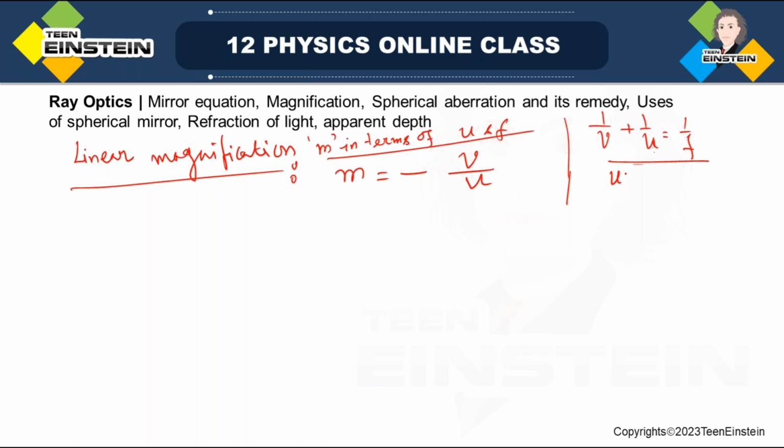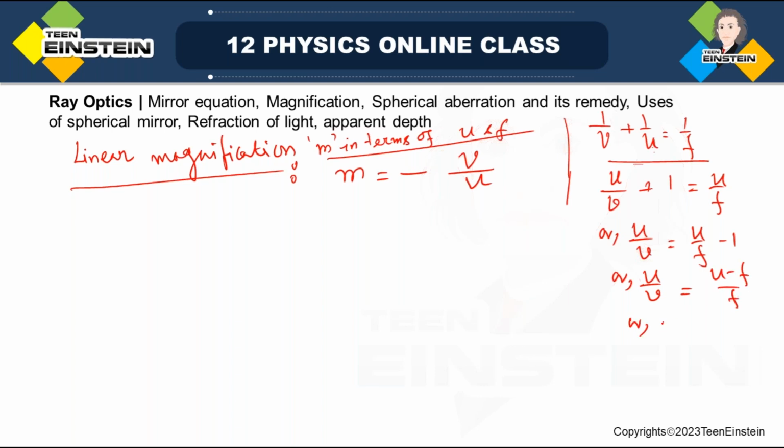Okay, so u by v plus 1 is u by f, right? So from here u by v is equal to u by f minus 1. Look, this I can write u by v is equal to u minus f divided by f.